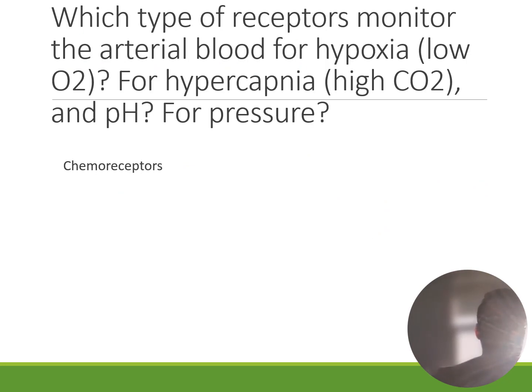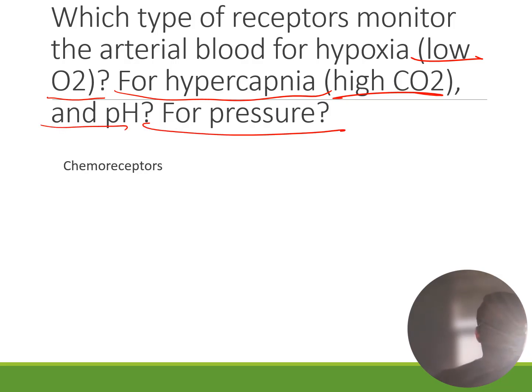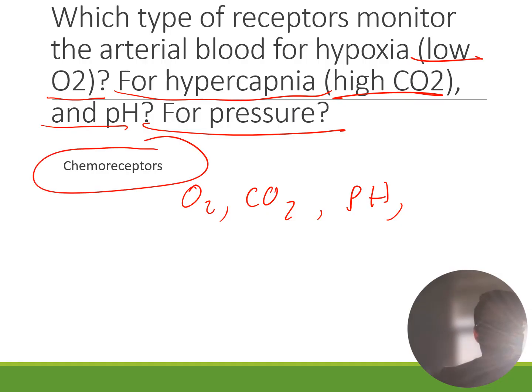Another question is, which type of receptors monitor arterial blood flow for hypoxia or low oxygen, or hypercapnia, high CO2, pH, for pressure? So whenever we're talking about chemical changes such as oxygen, CO2 changes, pH changes, we have chemoreceptors. Whenever we have a change in pressure, we are talking about baroreceptors.